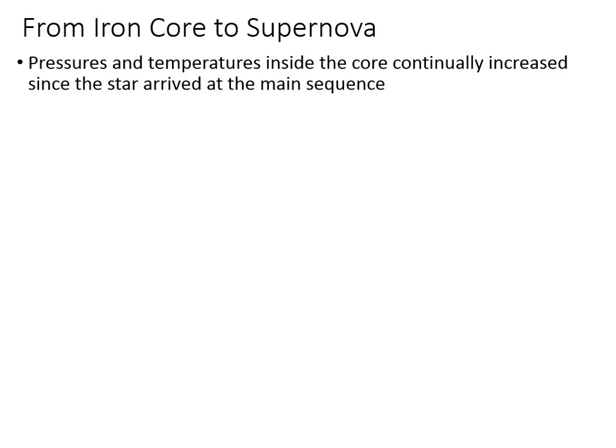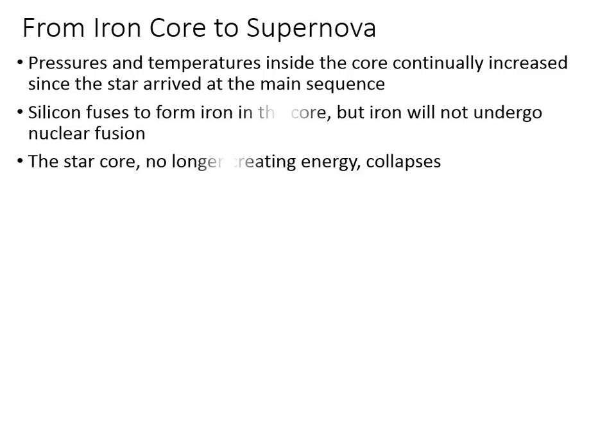All right. So when silicon fuses into iron in just, what'd I say, one day? Okay, one day in a star that's like 25 solar masses. The whole iron thing is problematic.